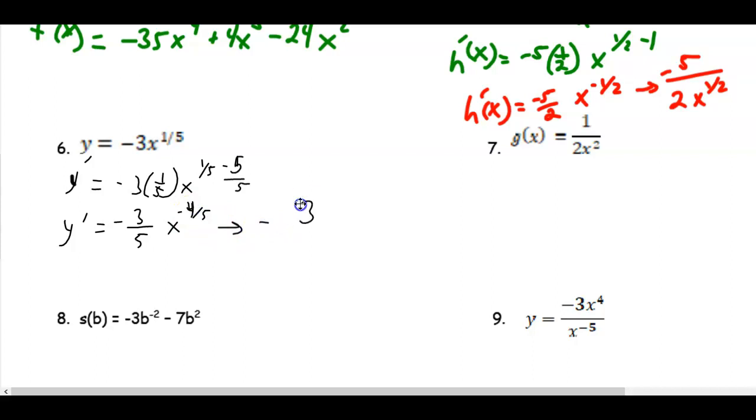So remember, we move the negative exponent to the bottom. 4/5. And now, lastly, I just want to turn that back into a radical. So doing so, that's negative 3 over 5 to the 5th root of x to the 4th. Right there.